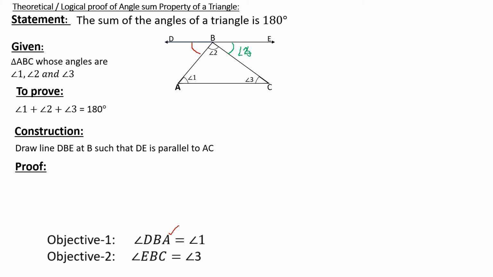And I am going to say this is angle 1. If I say this is equal to angle 1, it means this angle A should be equal to this angle B, and angle C is angle 3. This is what I am going to say. After doing that, you will be able to say that these two angles I have marked here are respectively equal to angle 1 and angle 3. This is what it is.